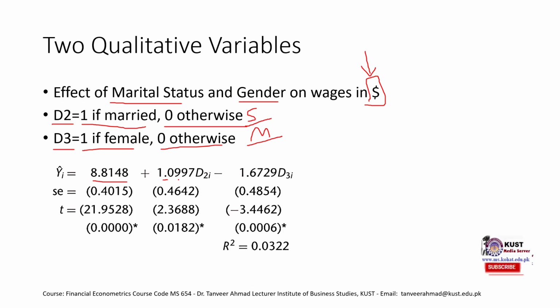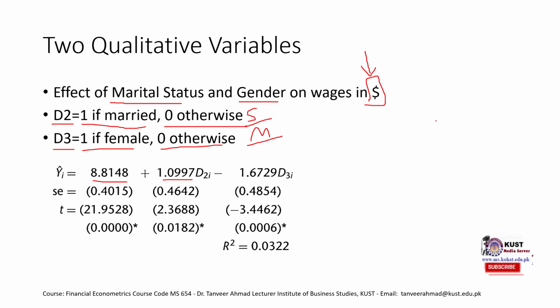This D2 is for the married variable or category. So we can say that an individual who is married would earn $1.09 higher than the non-married individual.